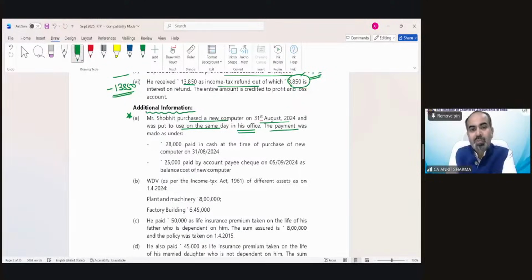The payment was made as under: 28,000 paid in cash at the time of purchase of the new computer on 31st August 2024. This 28,000 has not had any impact yet on the profit of 57 lakh 25,000.